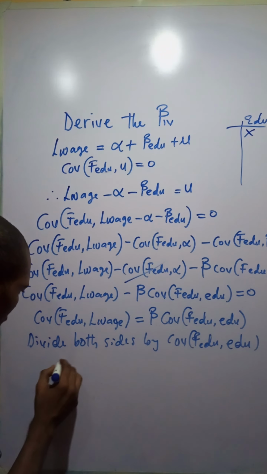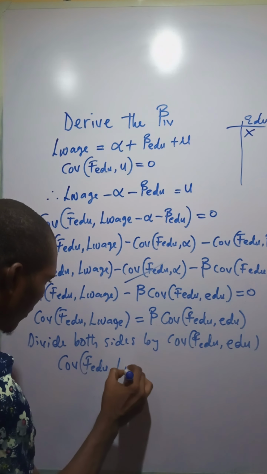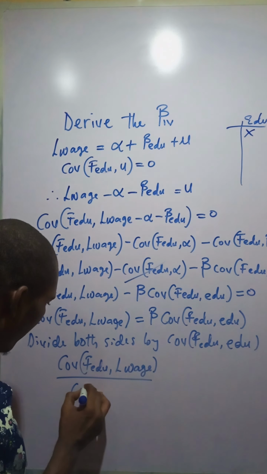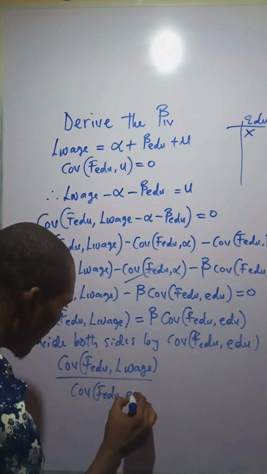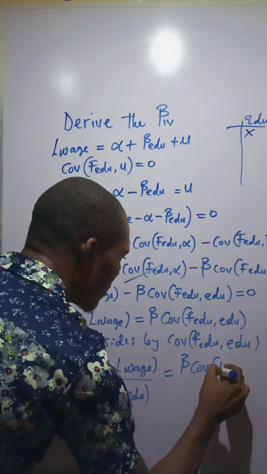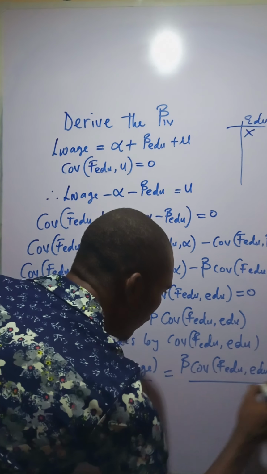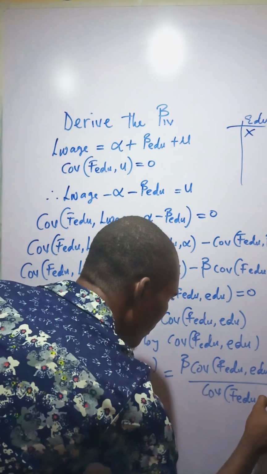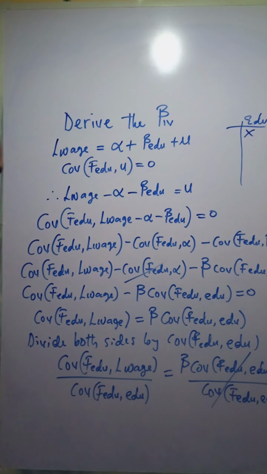So we have covariance father education labor wage divided by covariance father education education, equals beta covariance father education education over covariance father education education. So these two we cancel, you are left with just beta.